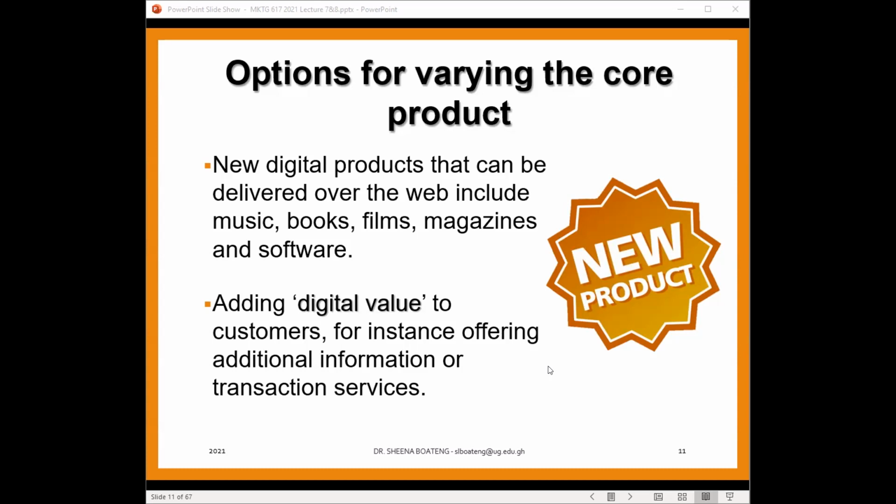For instance, if you ordered for an item via phone from a particular manufacturer or a particular seller, you could only hope and pray to God that the item got to you from the destination in time and in good condition. Any information you had access to were as a result of the conversations you had with the manufacturer or the seller. However, with online transactions, digital value is added through your ability to be able to track your orders from the manufacturer right until it gets to you in your particular location.